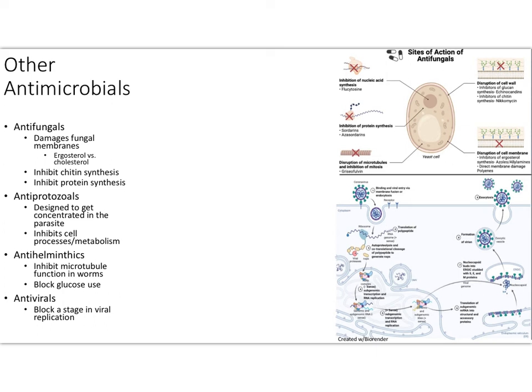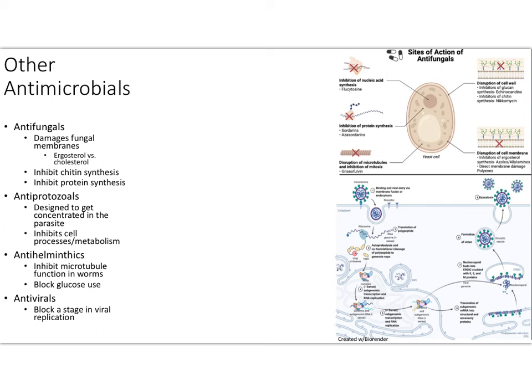So that means we have to create a drug that will work to damage one type of eukaryotic cell, the fungus, and not do too much damage to another type of eukaryotic cell, which is the type of cell found in humans. So fungi are a little bit harder to treat than bacteria because fundamentally our cells are very similar.